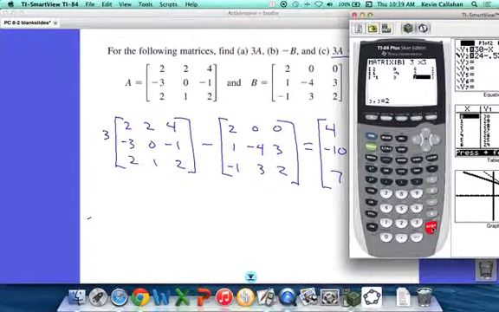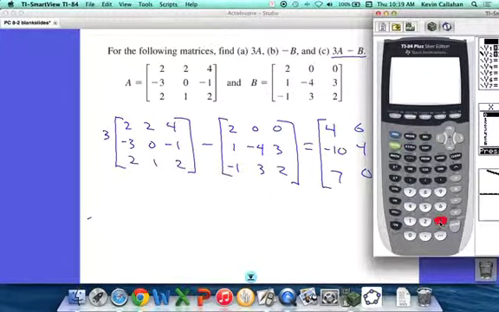Okay, so once you've got the A and the B matrix in there, we want to do 3A minus B. Go back to the main screen. Second quit, and now we're going to type in 3.